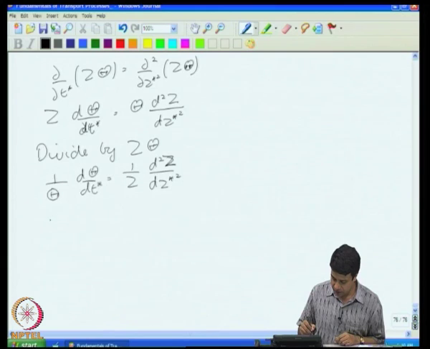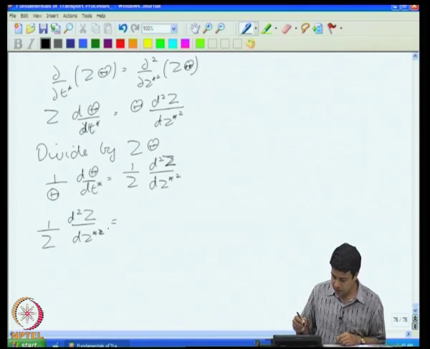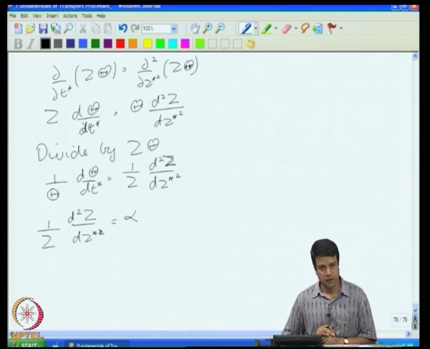So, I have an equation 1 over Z d squared Z by dz star square is equal to some constant alpha. Is that constant positive or negative? Let us try to solve this and see.